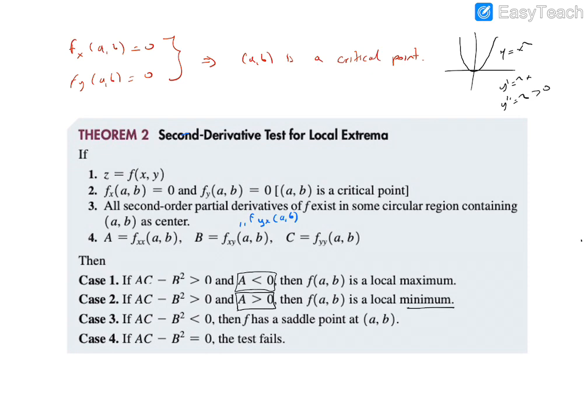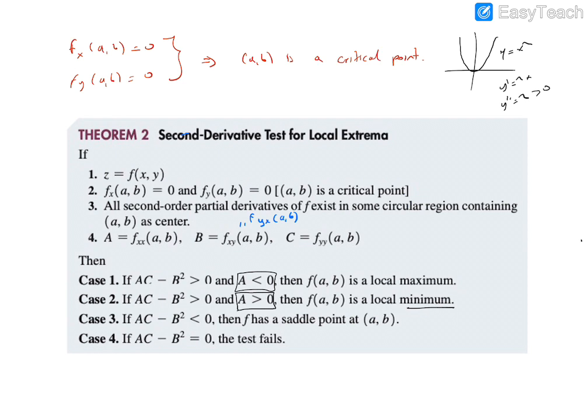We have several second derivatives, of course, but this represents this case, okay? So to recall easily, I try to explain. There is a local maximum, or f of (a, b) is a local maximum value. But since we have two variables, we should check AC minus B squared under this assumption.